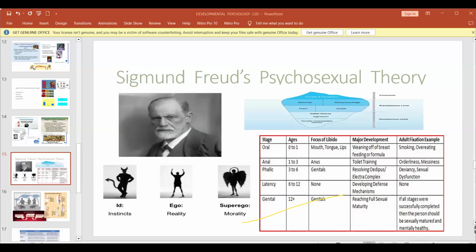When she wants something, it cries. That is an example. Second is the ego part. That is from age 1 to 3, the realistic age. That is when the baby wants something, it cries until the mother is seen.